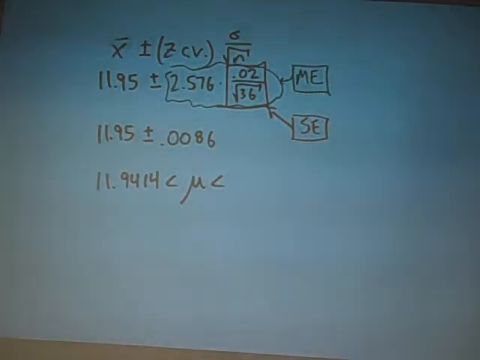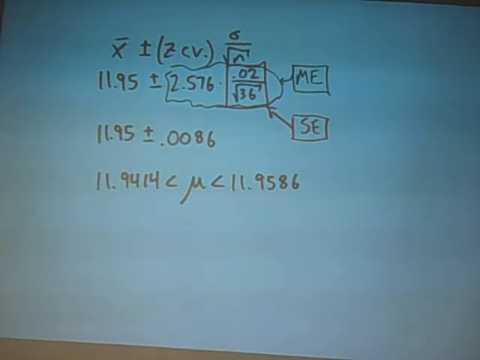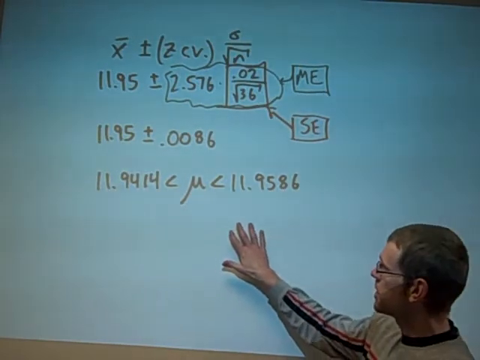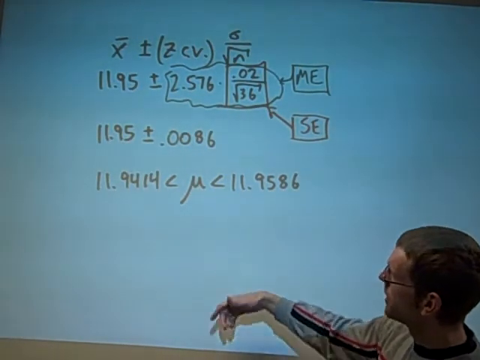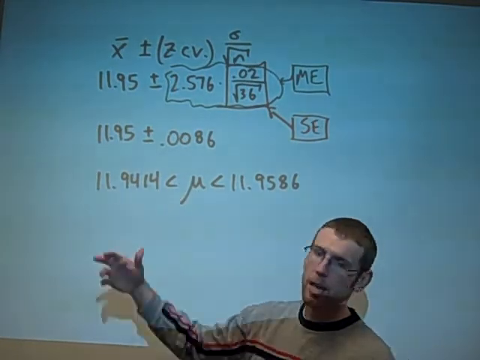And the right endpoint, we get 11.9586. So the way we would word this is we're 99% confident that this interval contains mu.